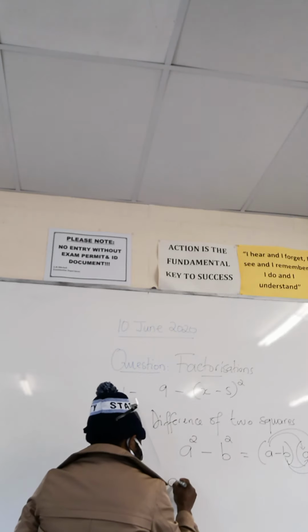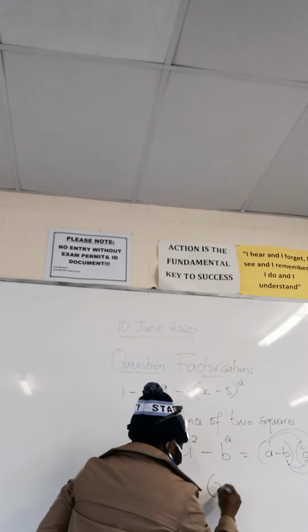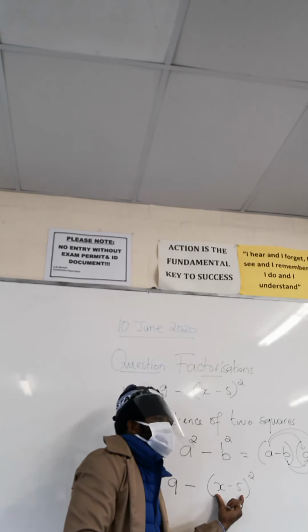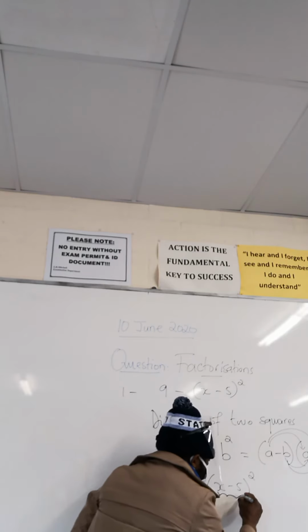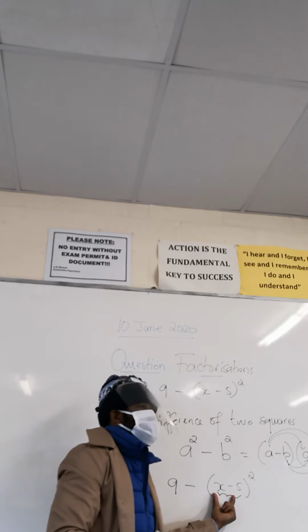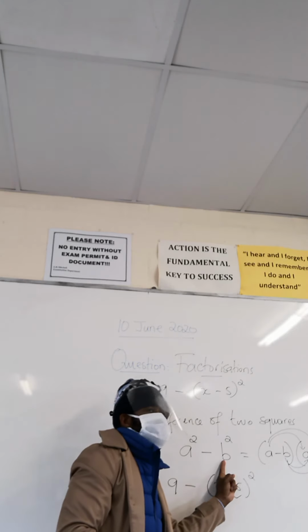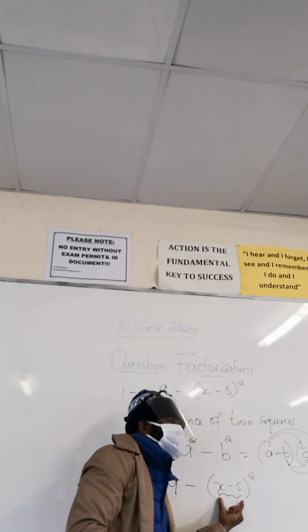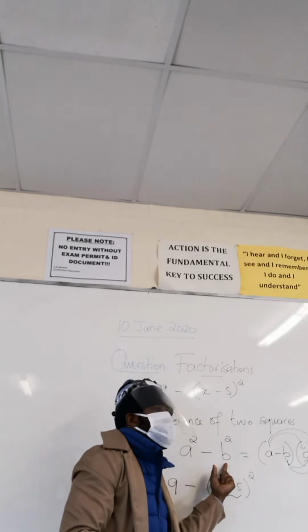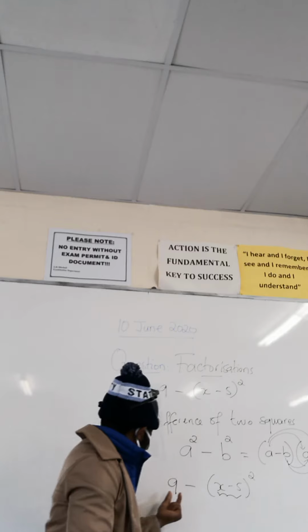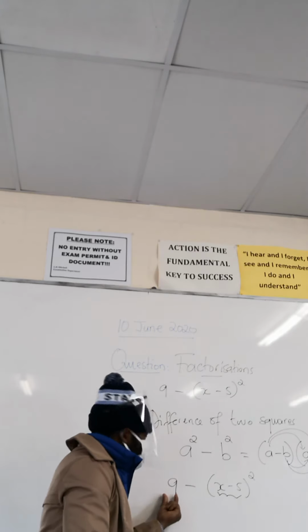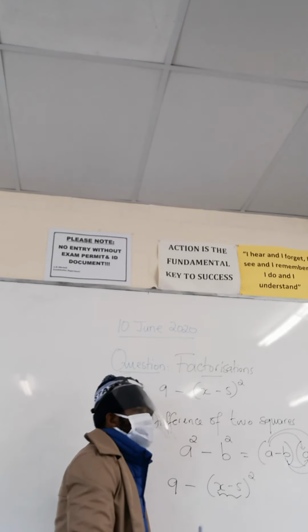Now we take 9 minus (x minus 5) squared. The full expression that is in the bracket represents the B. Now 9 represents A. So I need to write 9 in terms of power.